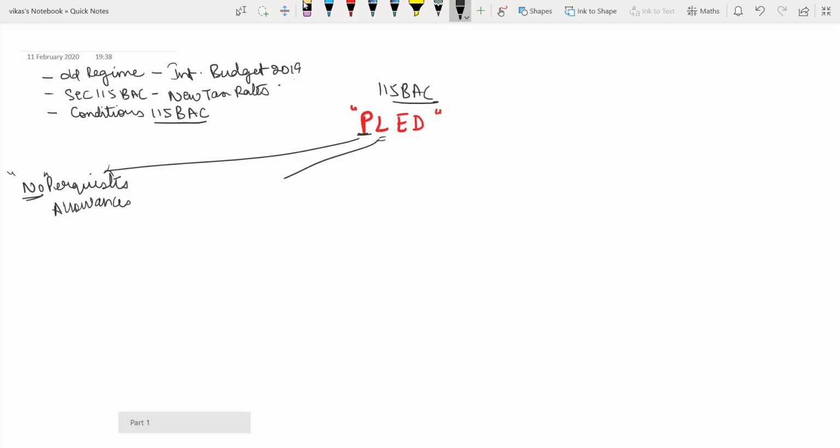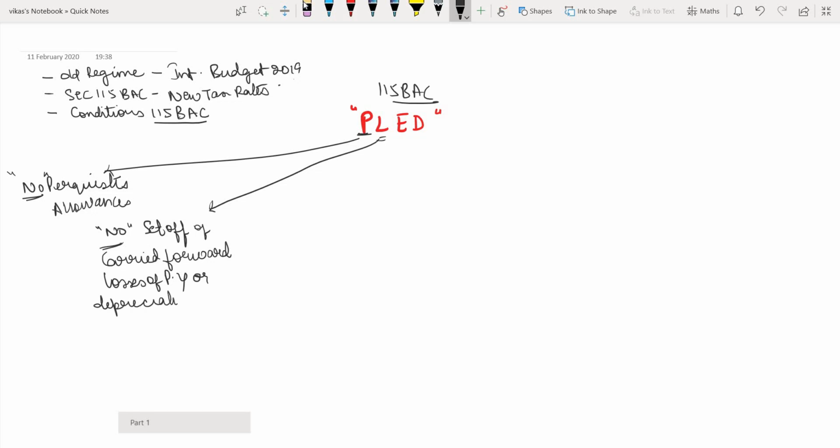L indicates no set off of carried forward losses of previous year or depreciation of previous year relating to those deductions which are not allowed.